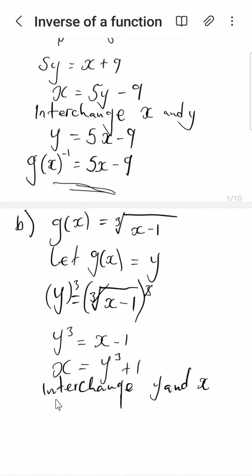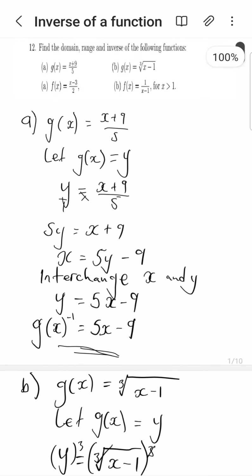So you're going to have y equals x to the power 3 plus 1, and therefore our inverse of g of x is x to the power 3 plus 1. Okay, simple. We move on to C.